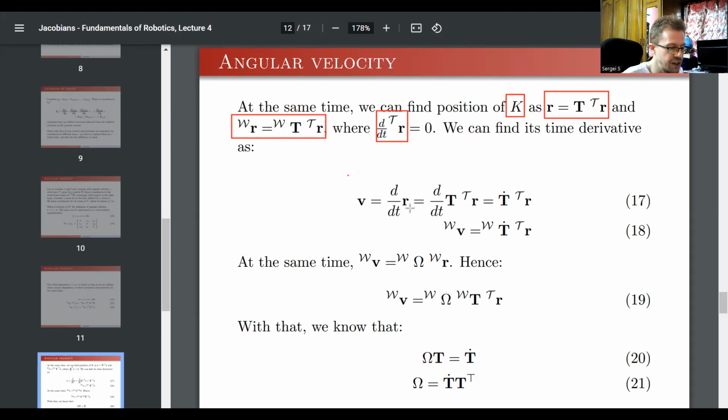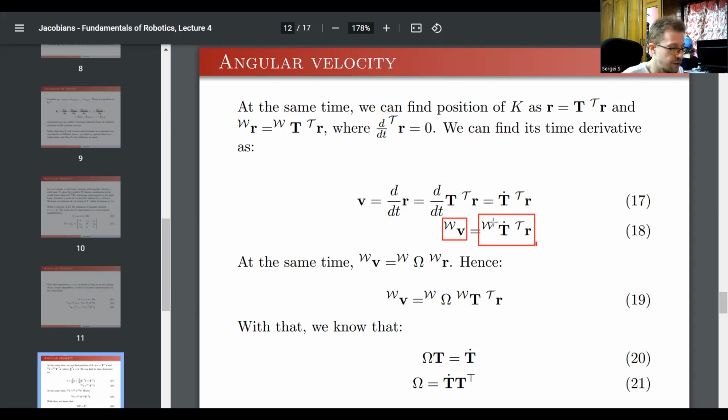That means we can take a derivative of the position of R to get V. This gives us the expression d/dt of T times R in T, which is just T dot times R in T. Okay. And we can do the same in coordinates. So the velocity of the point K, so V, can be expressed in basis omega. And this is how it's done.